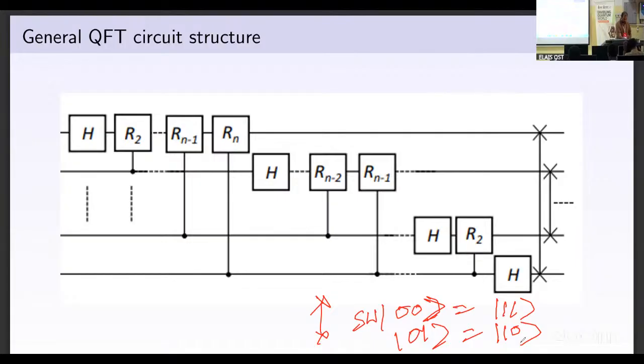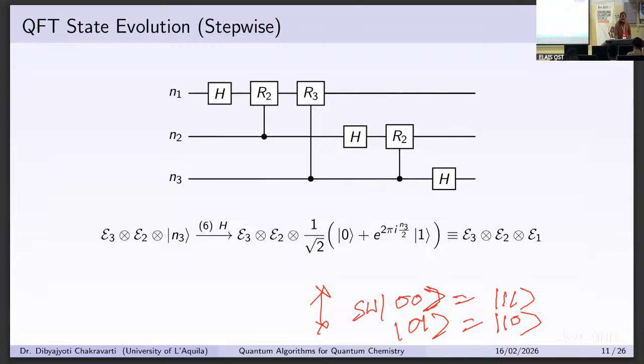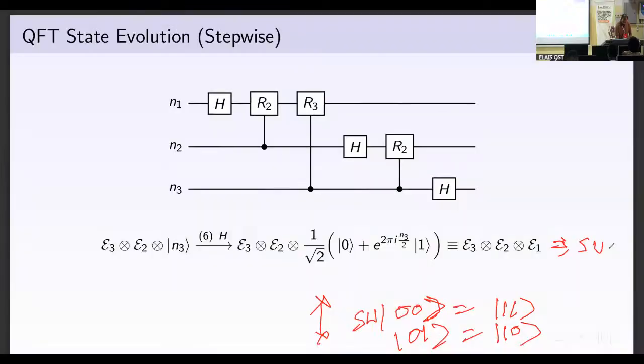Since we had it in reverse order, epsilon 3, epsilon 2, epsilon 1, after the application of swap, it will reverse to epsilon 1, epsilon 2, epsilon 3.